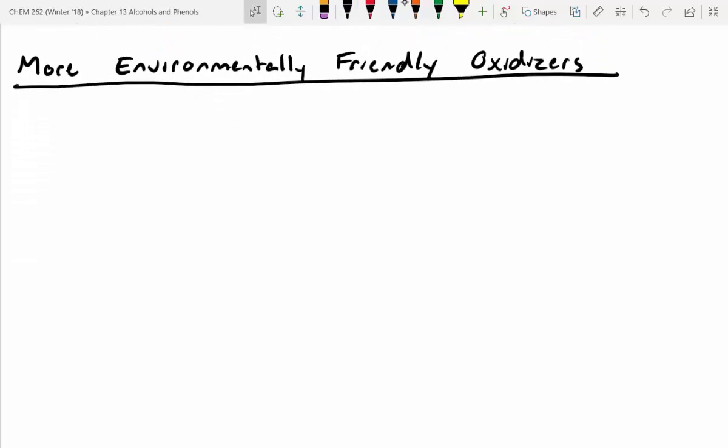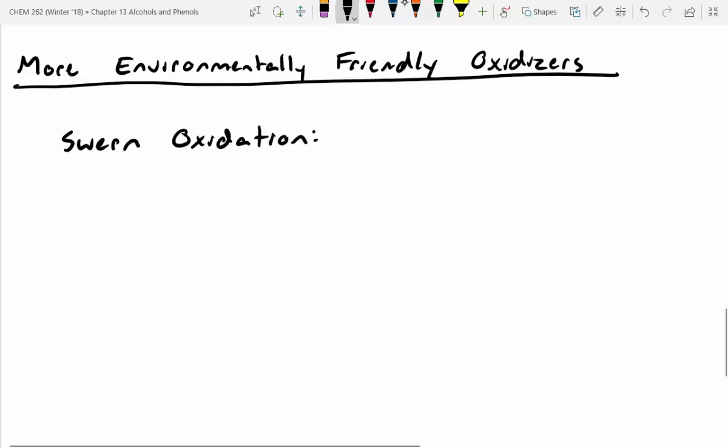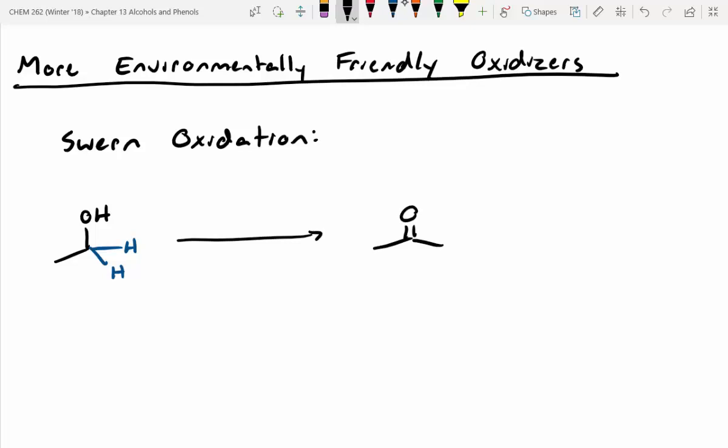If we look at the more environmentally friendly oxidizers, we've got a few different types. The first one is called the Swern oxidation. And with the Swern oxidation, you can again take your primary alcohol and you can react it with a set of reagents and get it to stop at the aldehyde.